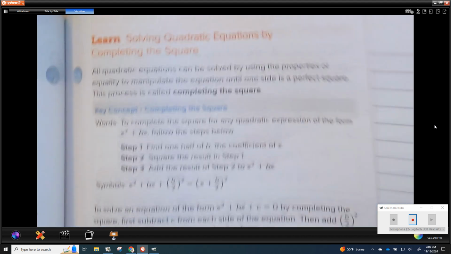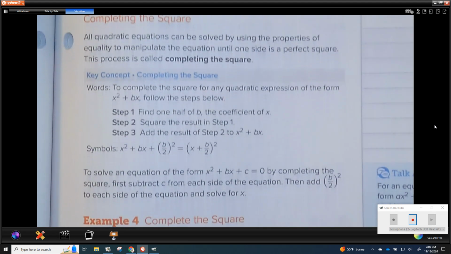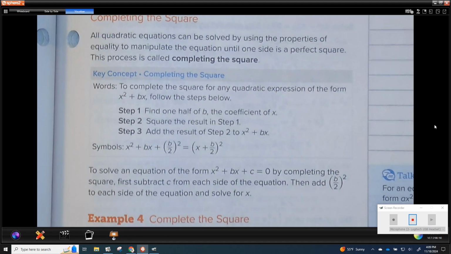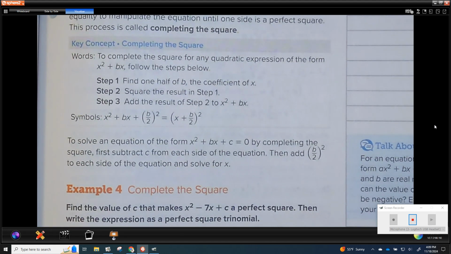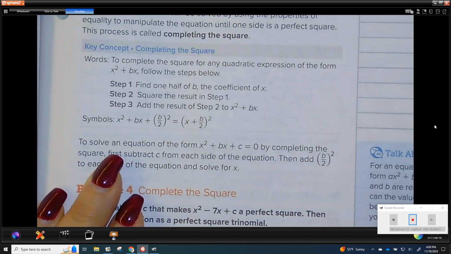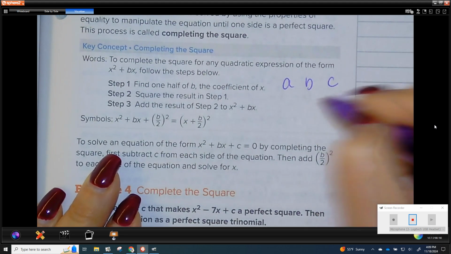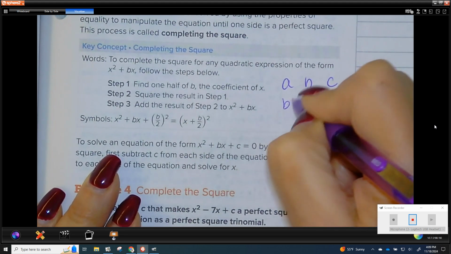Okay, now we're going to complete the square. Those were already perfect squares, so now we're going to make something into a perfect square trinomial. It's very simple if you follow these steps. First, identify a, b, and c. Then you take half of b.